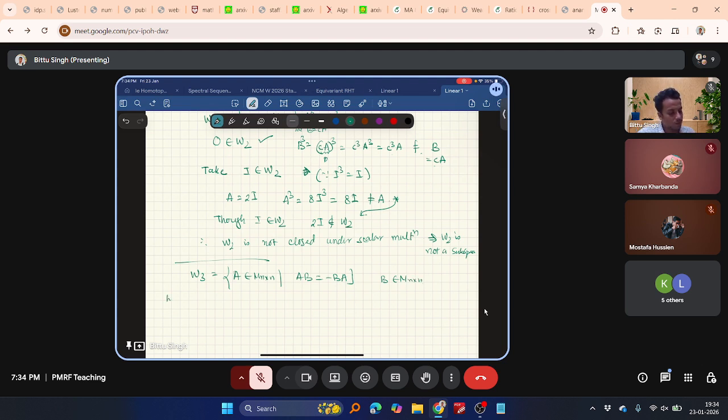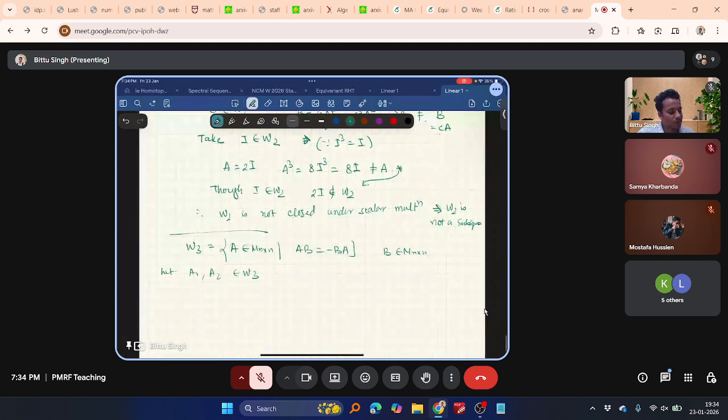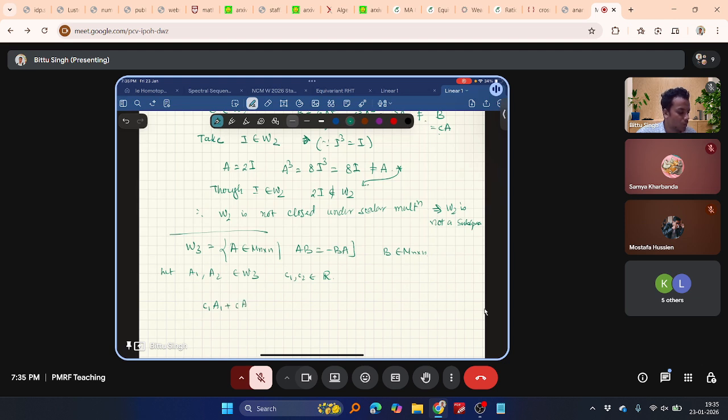So let A1, A2 be two elements from W3. So we need to check whether their linear combination also belongs to W3. C1, C2 belong to the scalar field, the real numbers. So we need to check whether C1 A1 plus C2 A2 belongs to W3 or not.